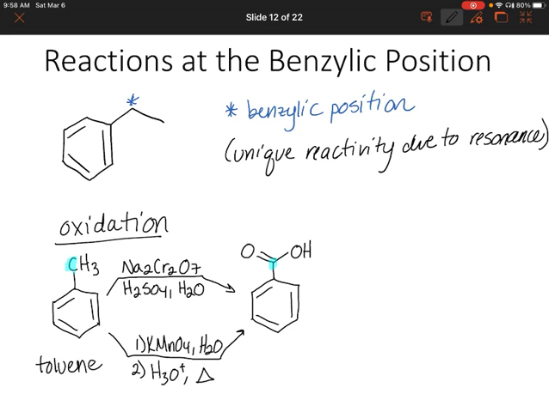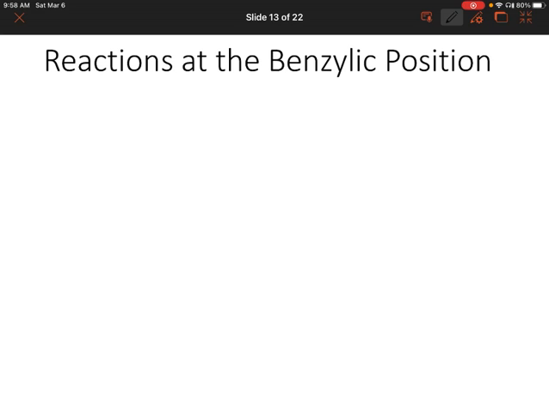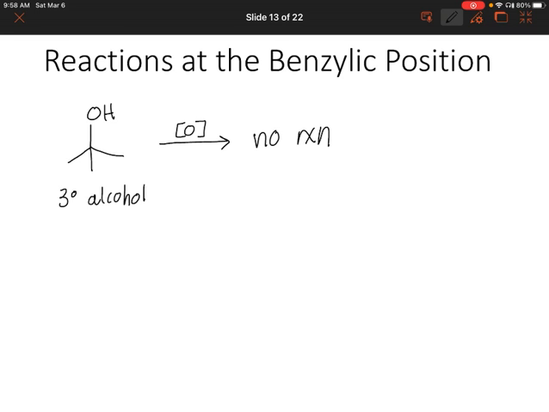Okay, now there are some scenarios where this oxidation reaction would not work. So for example, you might remember that if you have, for instance, a tertiary alcohol and you add an oxidizing agent, there's actually no reaction. Do you remember why?